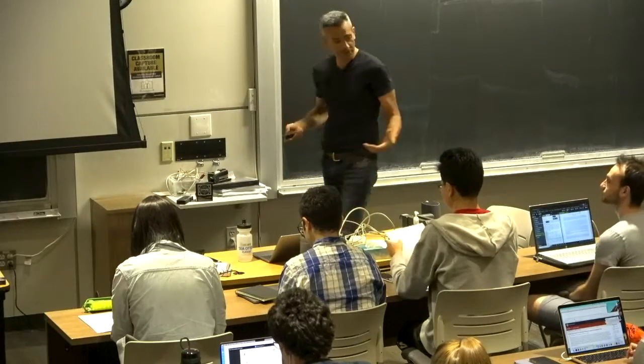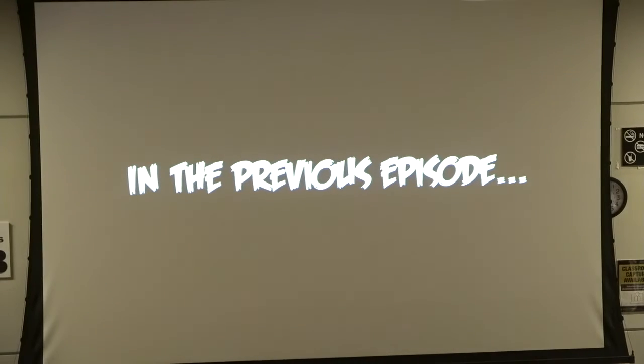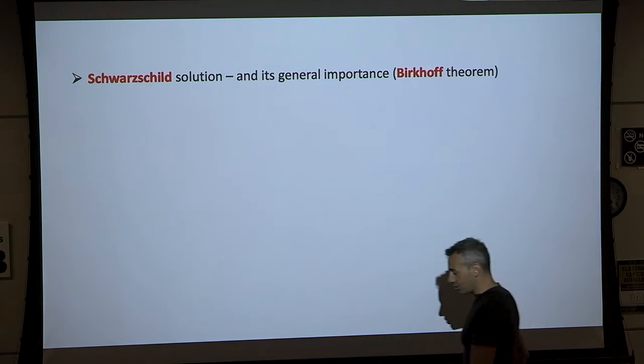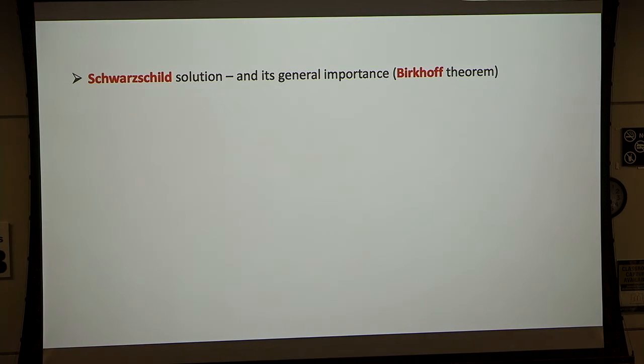As usual, we're going to go back to reminding ourselves what we were talking about yesterday. In the previous episode, we were talking about actual GR solutions to the vacuum Einstein's equations sourced by a point mass of mass m. That's a Schwarzschild solution.